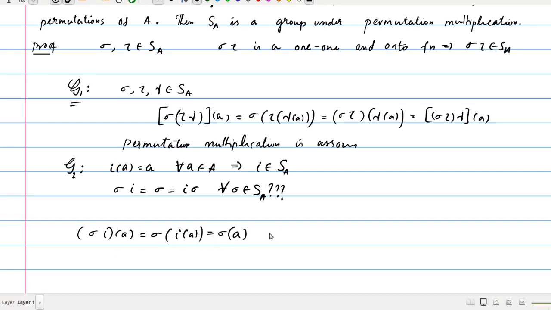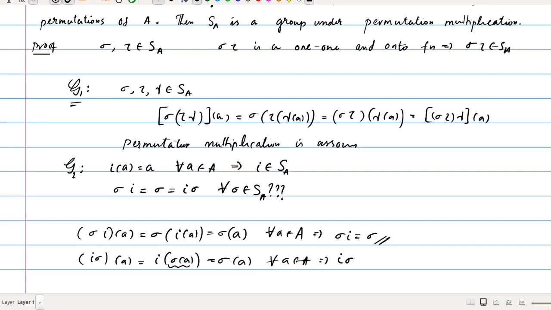This is true for every a belongs to A, which implies sigma I is equal to sigma. Similarly, I sigma of a is equal to I of sigma of a. By definition, the image of any element of A is that element itself. So this I of something will be that element itself. So this is sigma of a for all a belongs to A. From this you can get I sigma is equal to sigma. From these two we can say that G2 is satisfied.